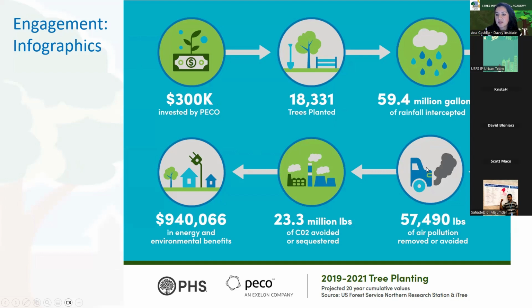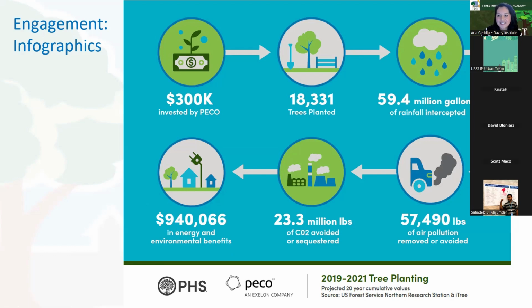So they get the amounts of rainfall intercepted and things like that. But then with iTree, they were able to get the dollar amount. So over the 20 years, those 18,000 trees that they provided are going to provide almost $1 million in benefits. So that's pretty powerful, right?